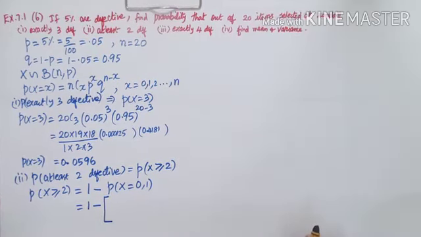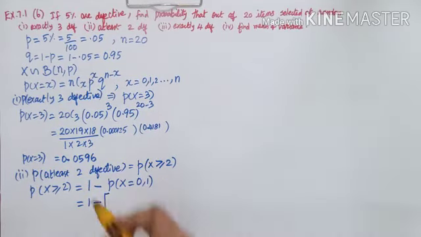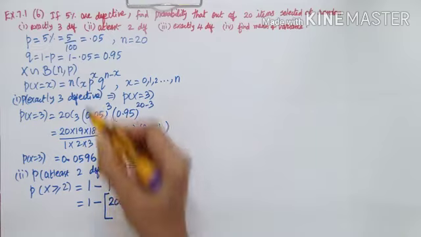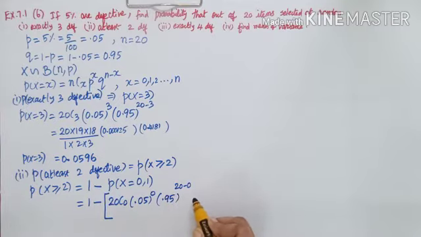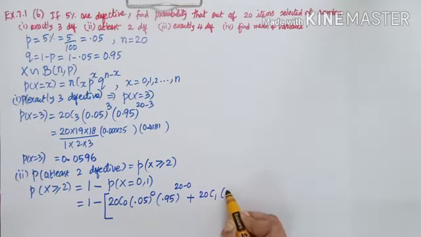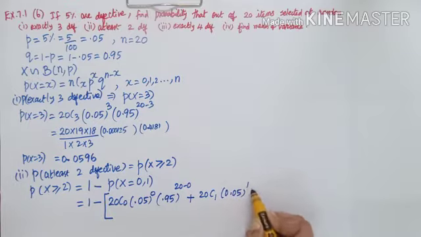First, I am going to substitute 0. 20C0, 0.05 power 0, 0.95 power 20 minus 0. This is for x is equal to 0. Plus 20C1, 0.05 power 1, 0.95 power 20 minus 1.